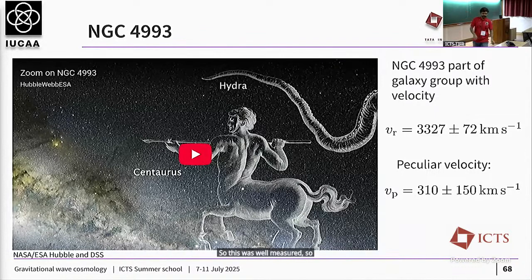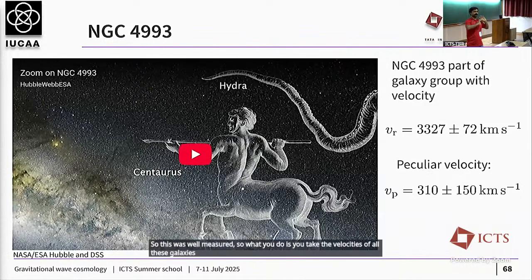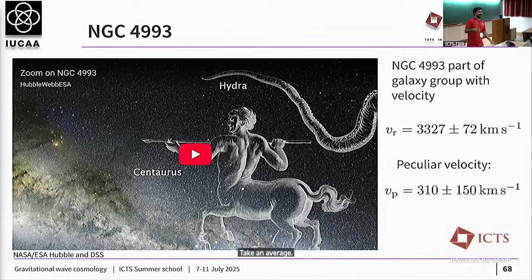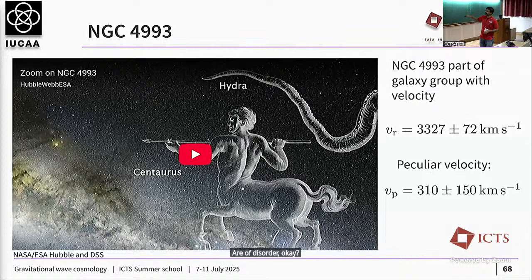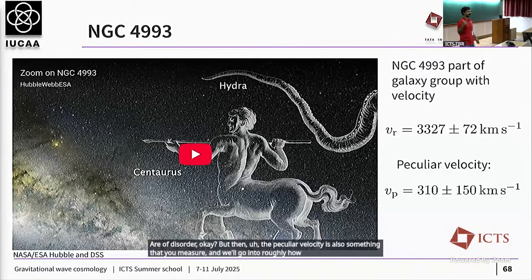So what you do is you take the velocities of all these galaxies and you try to take an average, so that you reduce out any errors because of the peculiar velocities. So the recession velocities are of this order. Okay? But then the peculiar velocity is also something that you measure, and we'll go into roughly how they measure these peculiar velocities.